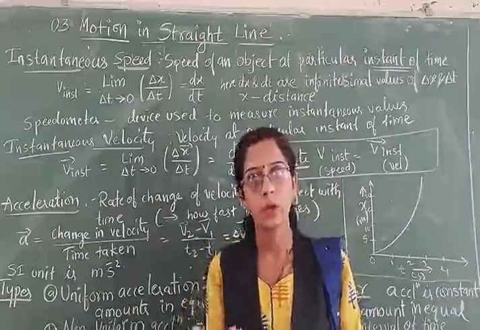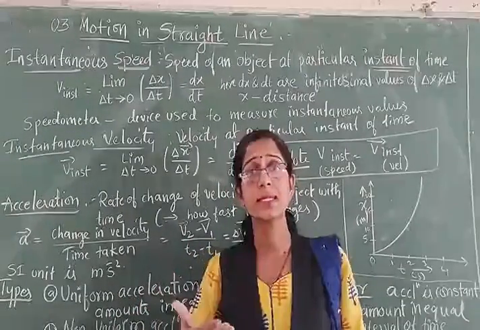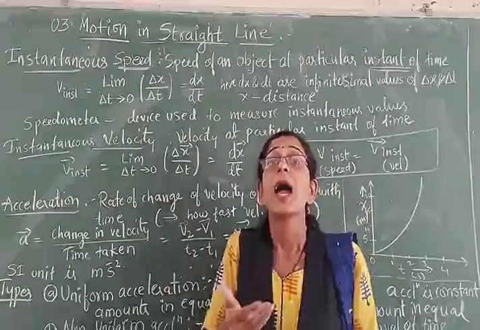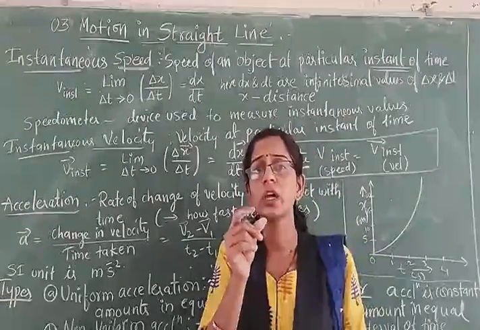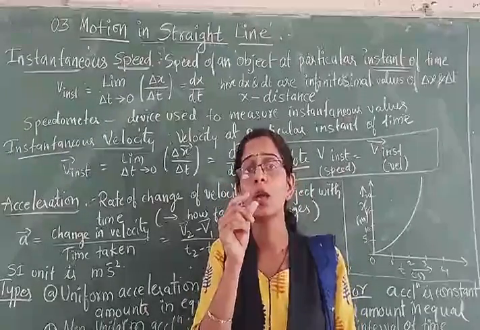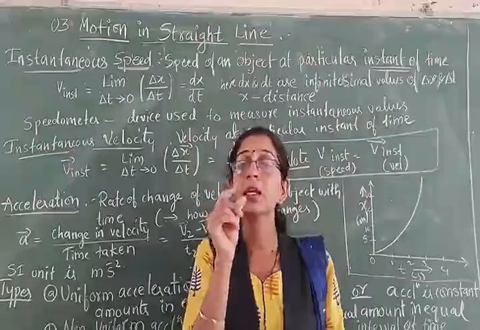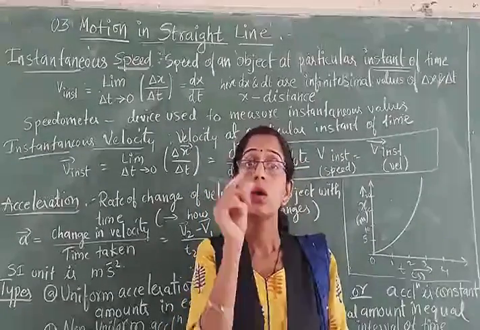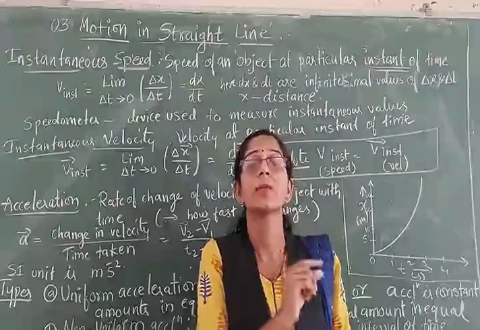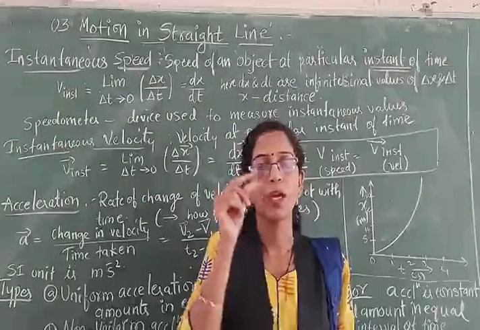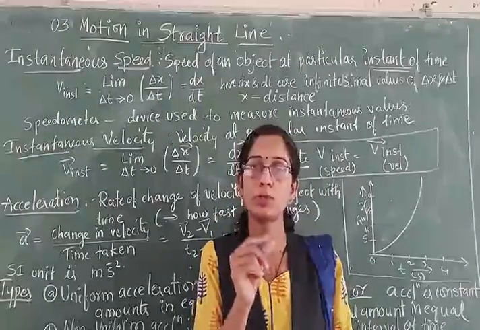It may be reduced to seconds: 20 seconds, 10 seconds, 1 second. And sometimes the time interval will be so short, infinitely small, that it may be equal to 0. At that instant, when no change in time has occurred, what is the speed attained by the object?